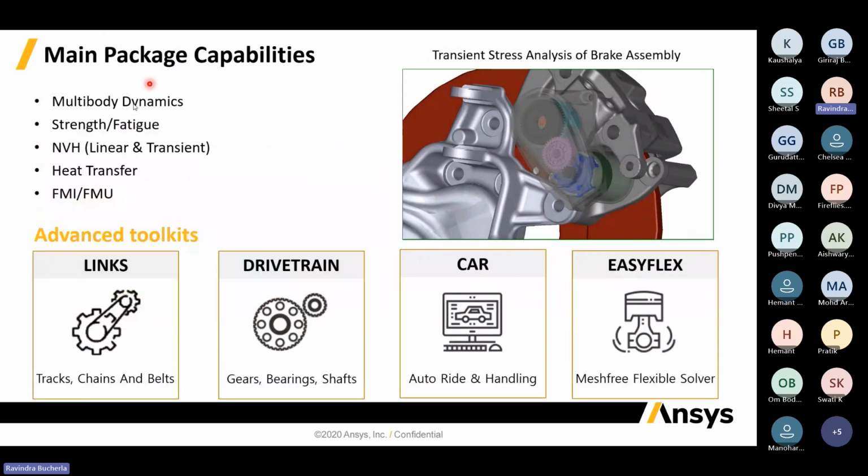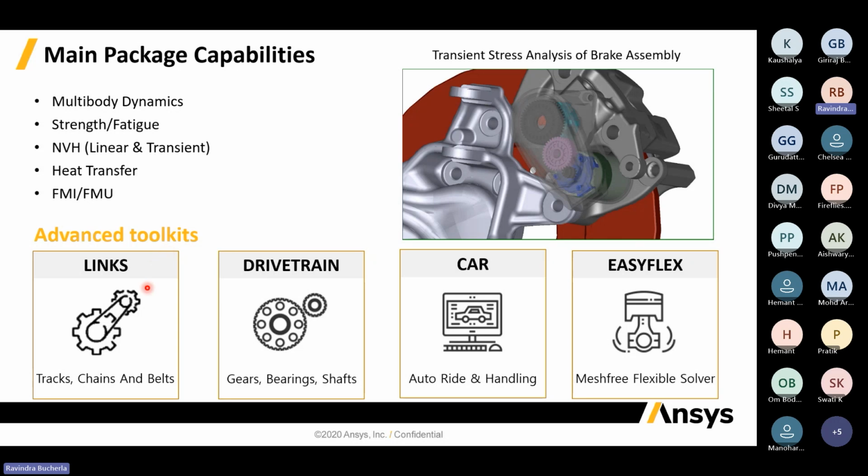Motion analysis is not just a multi-body dynamic solver. You can also perform strength, fatigue, NVH analysis, heat transfer, FMA, FMU, and along with that, it has advanced toolkits. These advanced toolkits help us perform multi-body dynamics within a few hours.